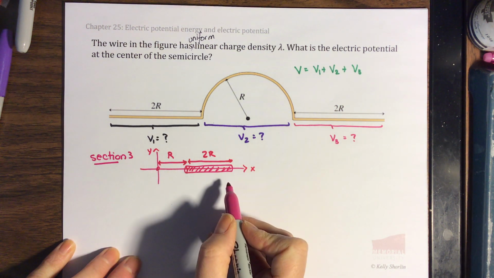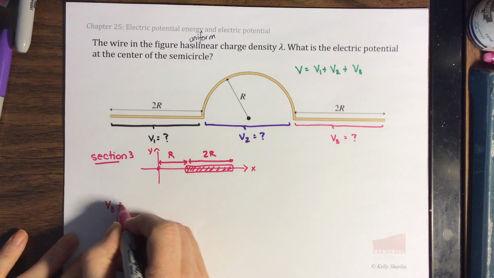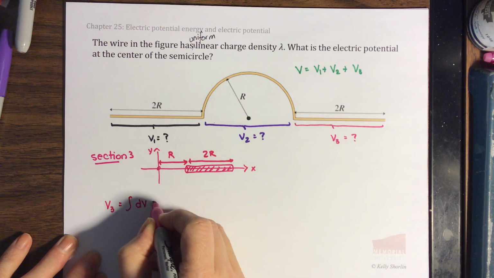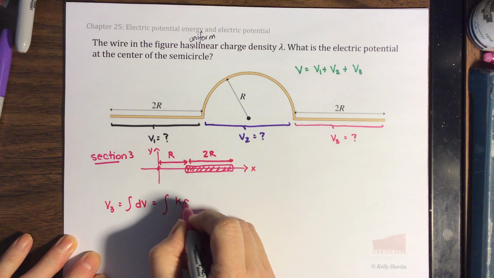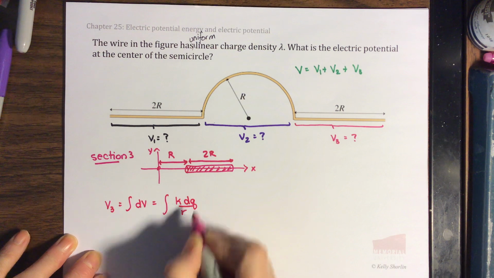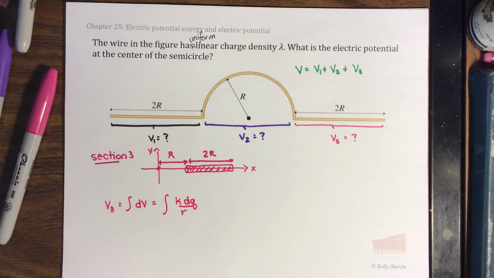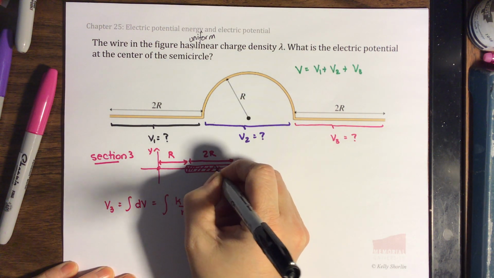And let's see, if I'm going to find my net potential, I know that my V3 is going to be the integral of each little bit of potential dV along that rod. Each little bit of potential is due to each little bit of charge, dQ. So I should show dQ on my picture, and I should show R on my picture. dQ is any little bit of charge along this line.